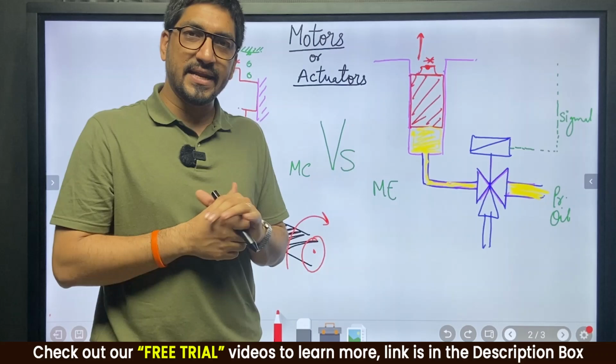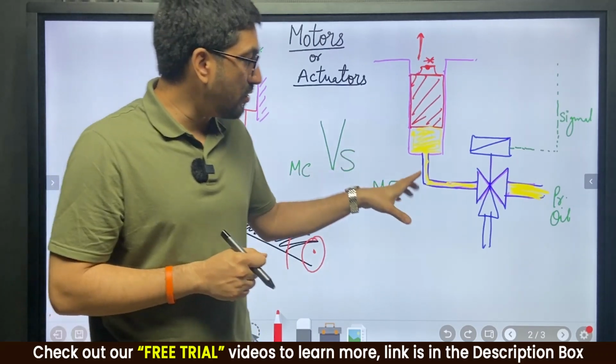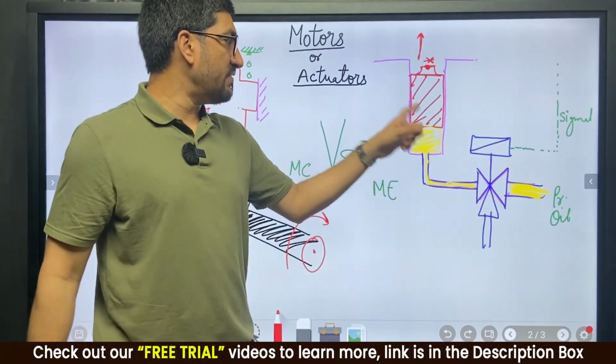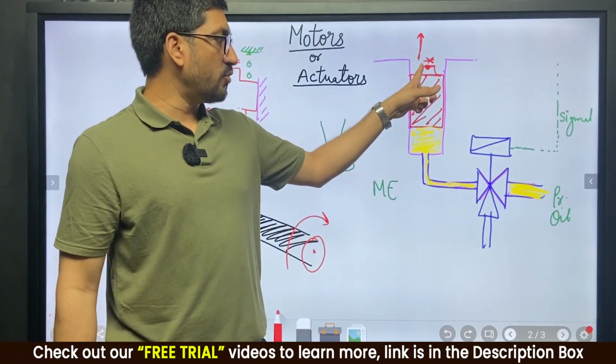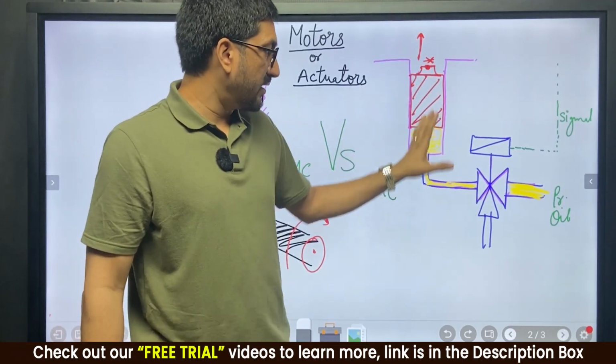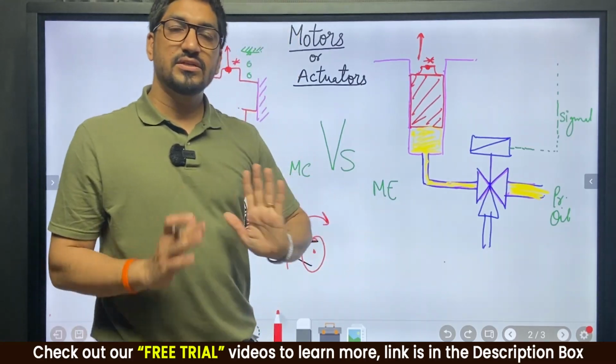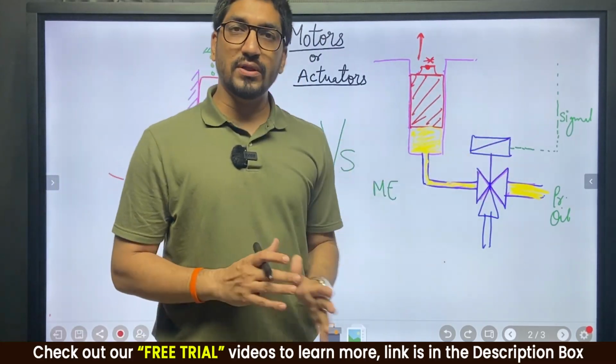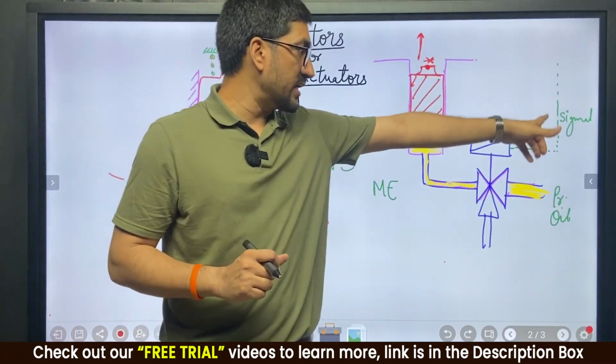We cannot do it mechanically linked. So for that we need a valve which can decide when to give the oil to create this motion and when to bring it back, when to drain the oil. Of course I need to control the valve, and for that I need a control signal.